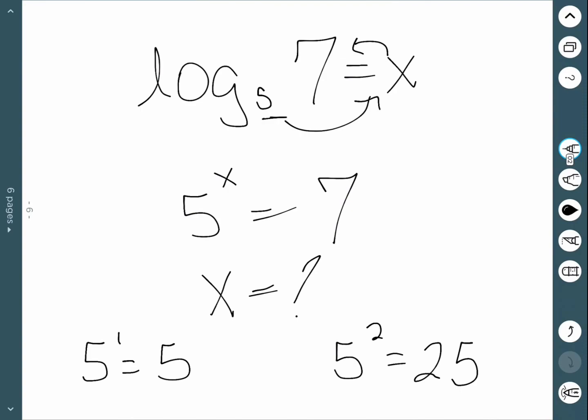It is an irrational number. This decimal would go on forever, so we don't really know. And this is the real reason we have these logarithms, because we might want to talk about what the power of 5 that gives us 7 is. So this is the basic idea.